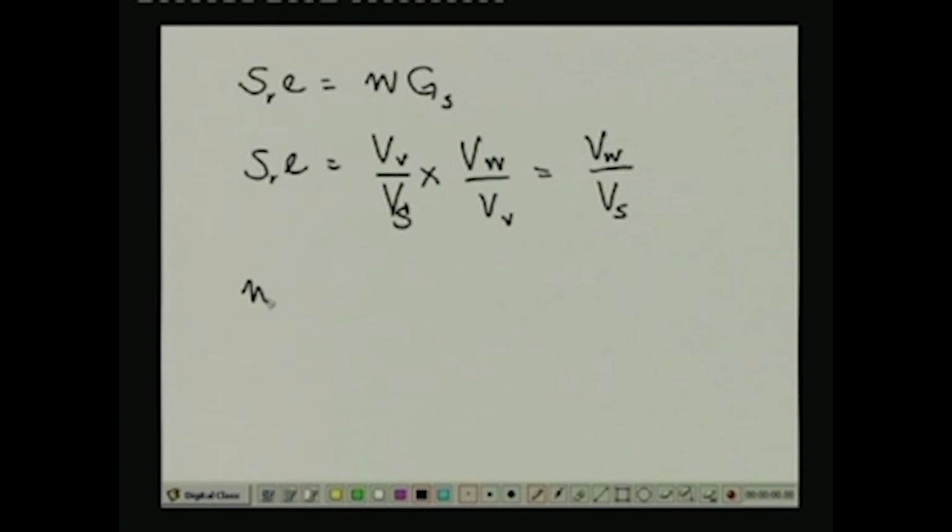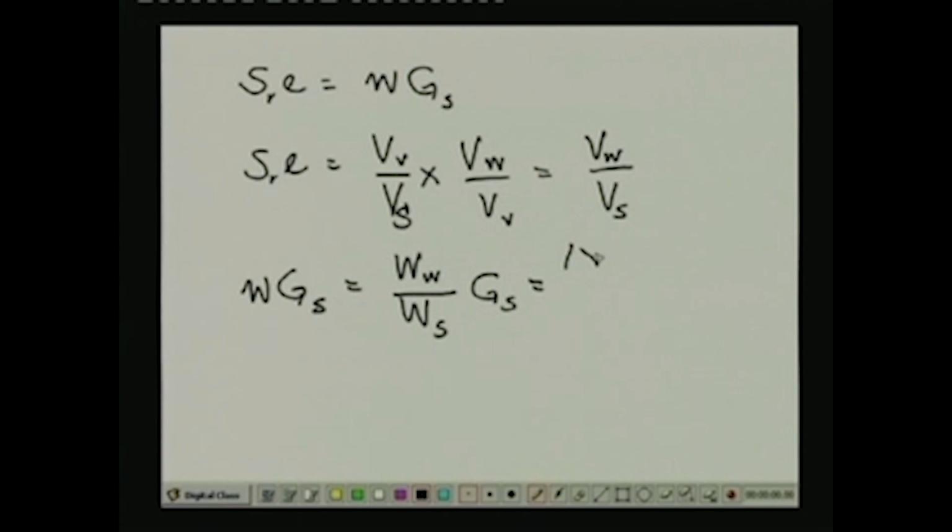Then w times G_s is going to be given by W_W divided by W_S, that is the definition of water content, multiplied by G_s.